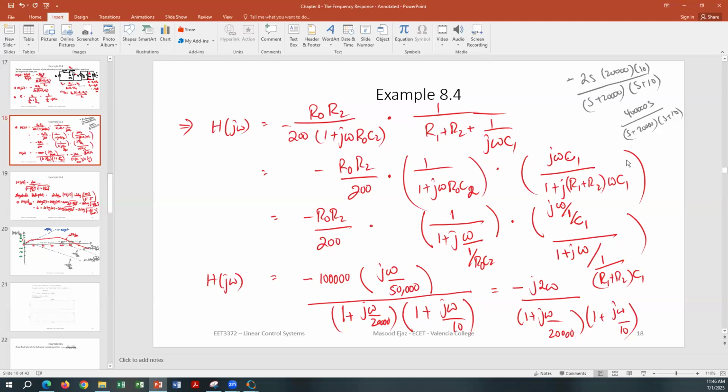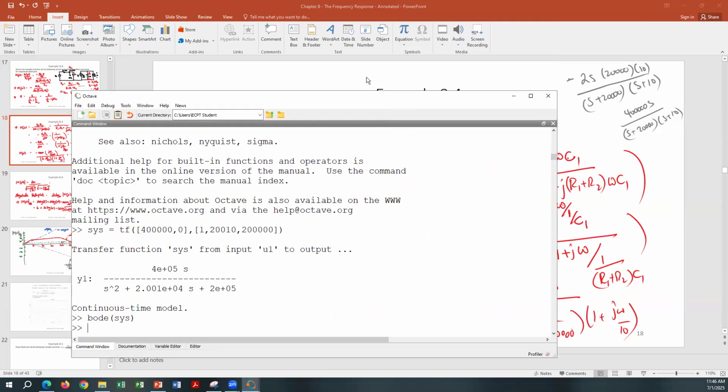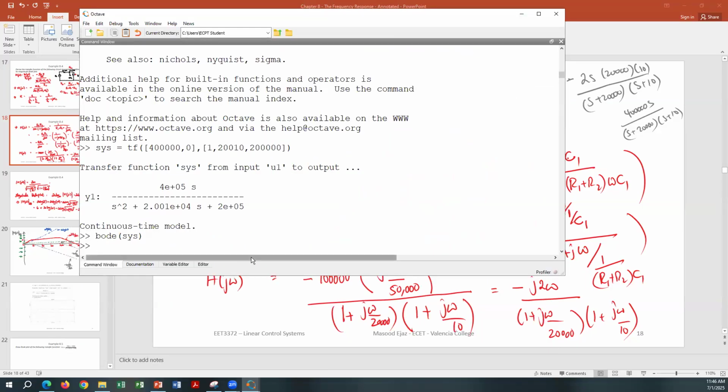So basically, let's say we have this equation right here. Of course, you're going to take the range of omega. Omega is equal to, let's say, 1, or 10. Let's take 1. So 1 to what range did we get? 200,000. Let's see.